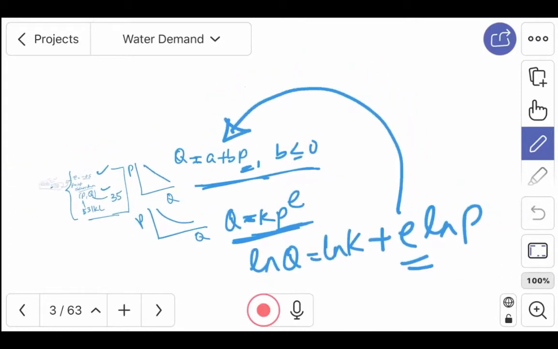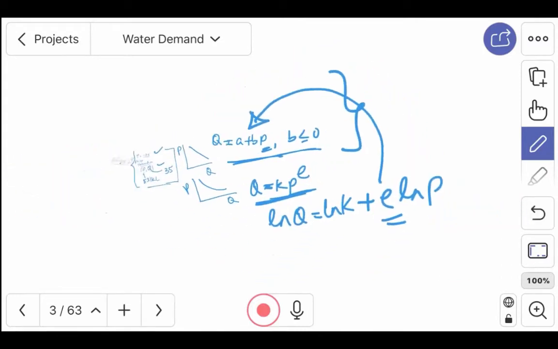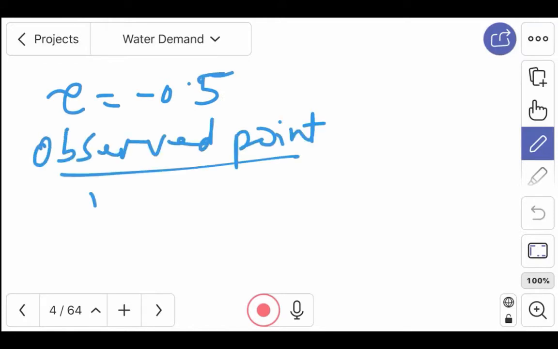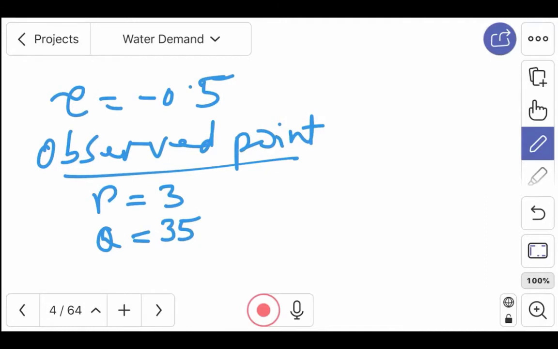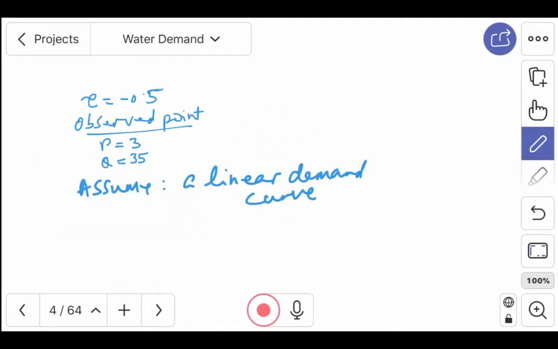So let's say we want a linear one. Well, if we want a linear one, what do we need? Let me get a new whiteboard. So I have an elasticity of minus 0.5. I have an observed point. I know that when the price was 3, the quantity demanded or bought was 35. And I assume a linear demand curve, which looks like Q equals A plus BP.